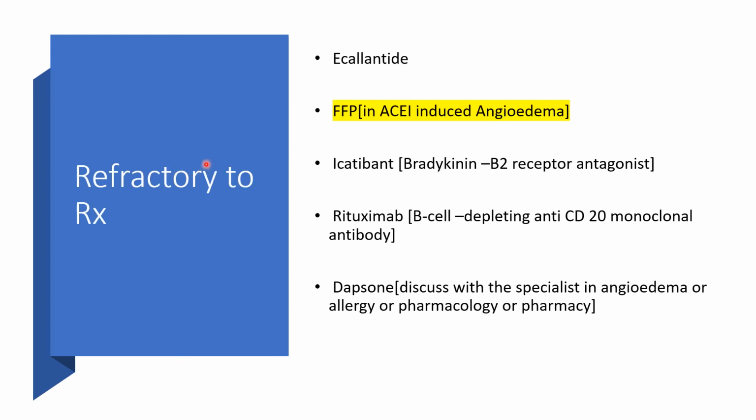Now, if we are faced with a refractory type of case, then we have ecallantide to make use of. FFP, that is fresh frozen plasma, particularly if it is related to angiotensin converting enzyme induced angioedema. Icatibant could be helpful.